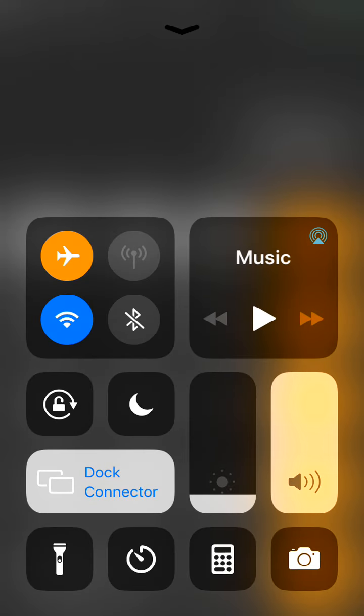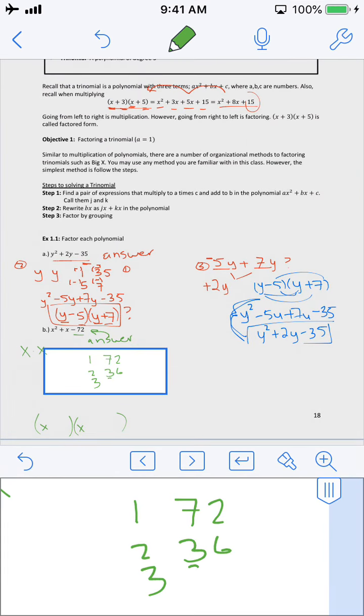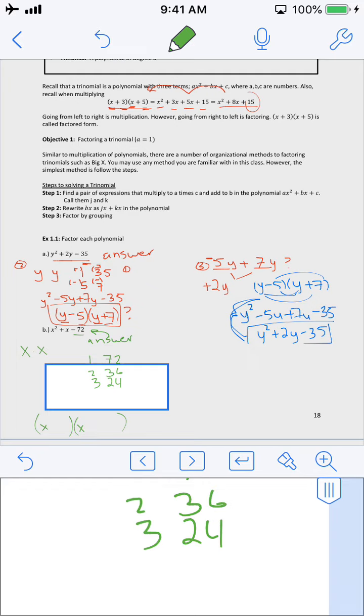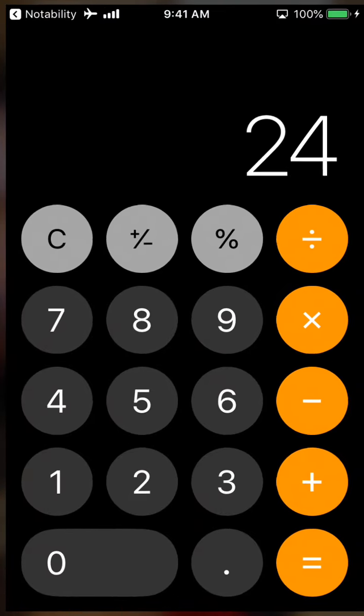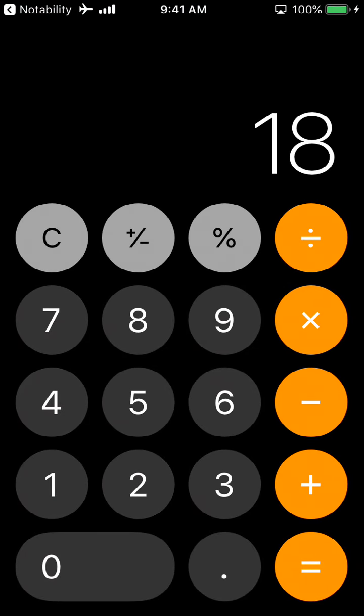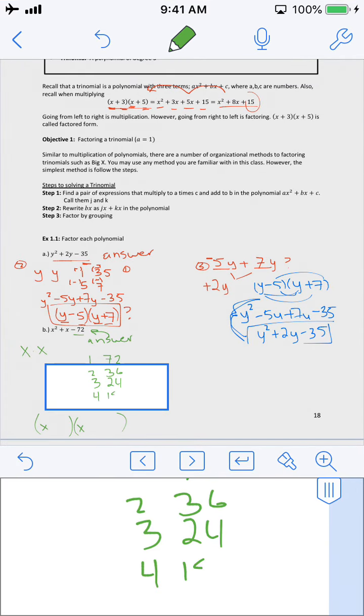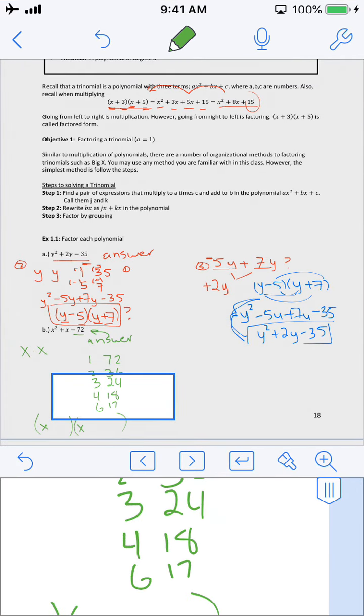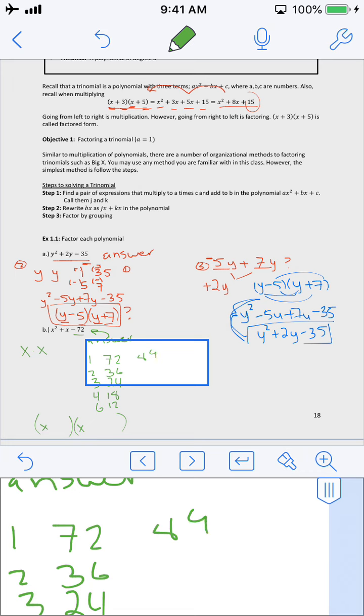Yeah. 3 and 24. 4? I don't think so. Nope, I'm wrong. 4 and 18. 6 and 12. 8 and 9. Those are all the factors, hence factoring, of 72.